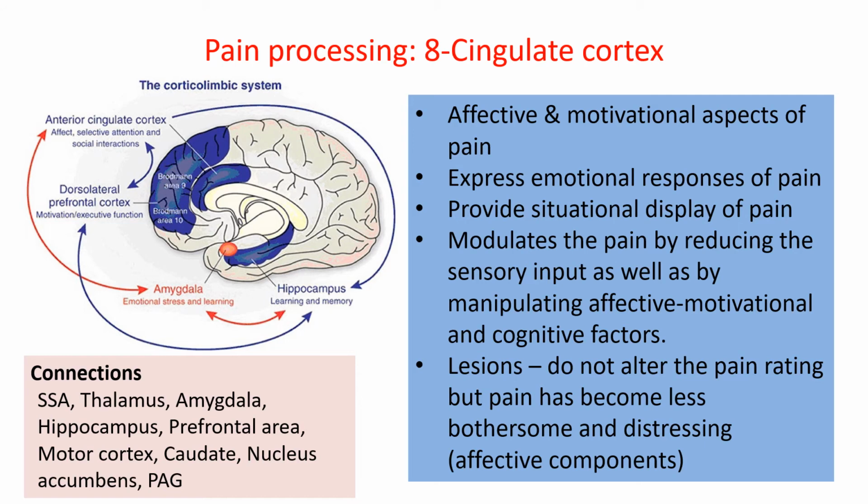Further, the cingulate cortex provides the responses according to the situation. Sometimes even a trivial pain produces severe emotional change or outburst, whereas on certain occasions even severe pain will not produce the emotional outburst, as happens in the case of a soldier fighting in the front line.